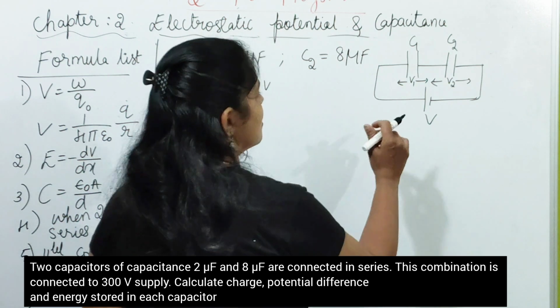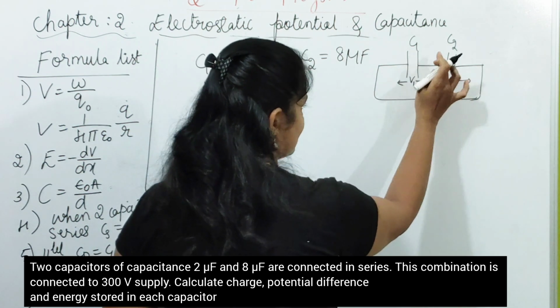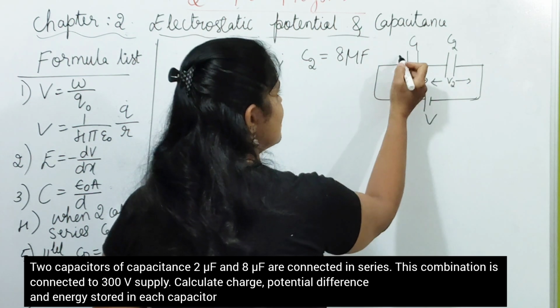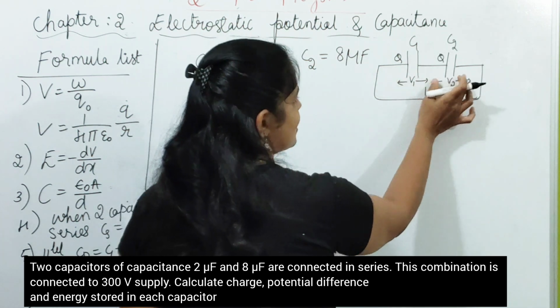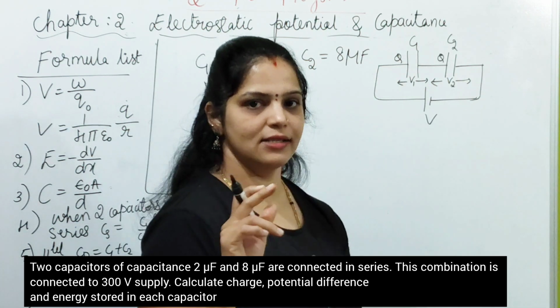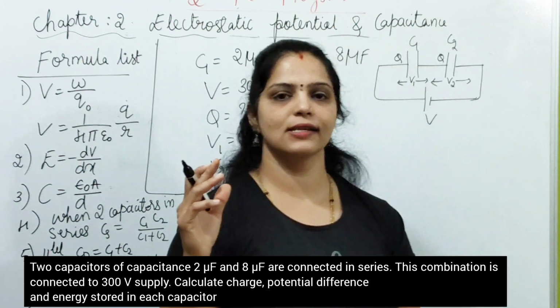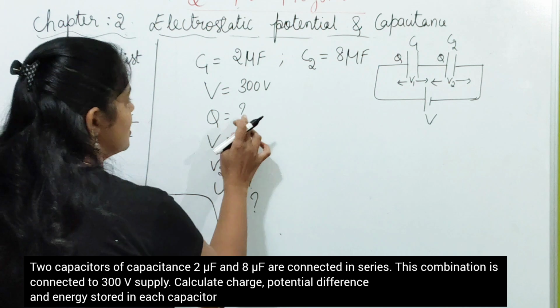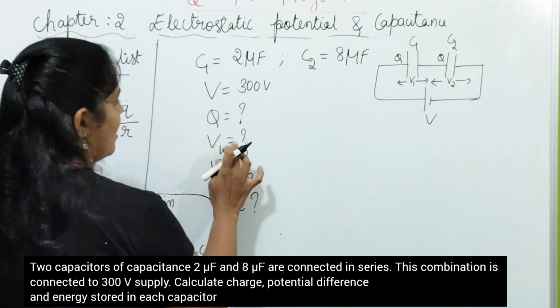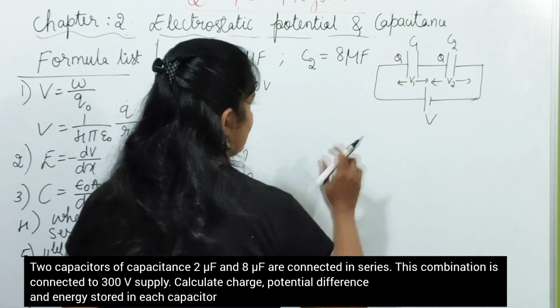Then what happens? These capacitors start charging as you switch on the battery. The charge on each capacitor is the same and the voltage is different. So when two or more capacitors are connected in series, the charge remains the same. Then how to find the charge on each capacitor and the voltage across each capacitor?